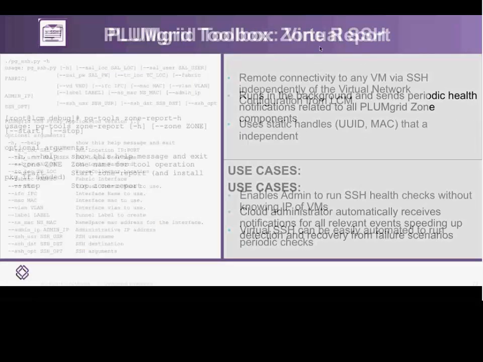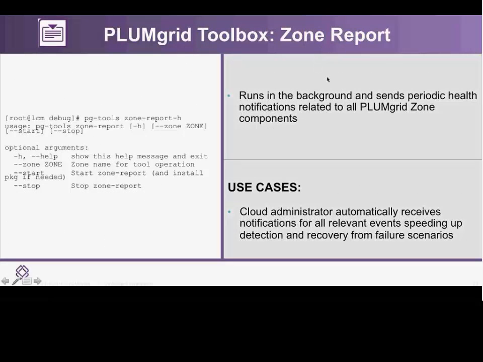All right, so one more. Sorry, I forgot about our friend Scooby-Doo, previously known as Zone Report. It's kind of the master of all the tools. It runs in the background and tells you all the notifications around PLUMgrid zone components and the health of the system overall.